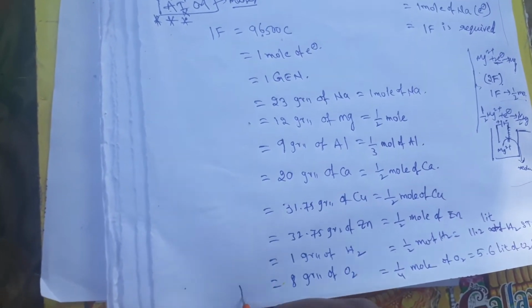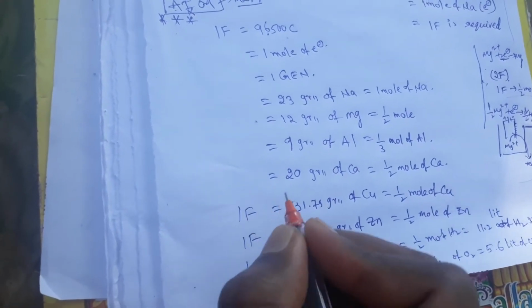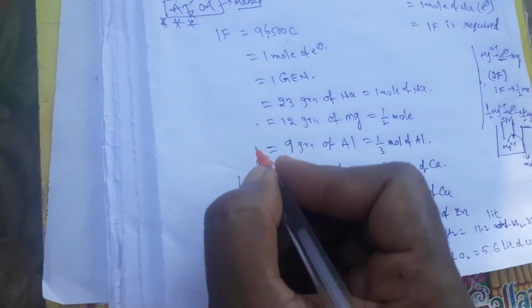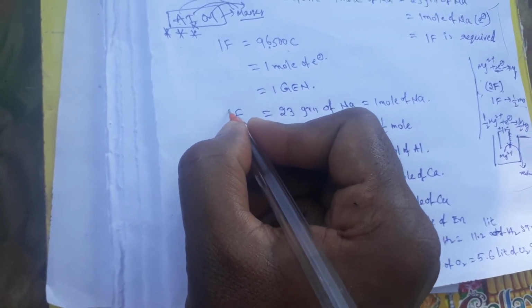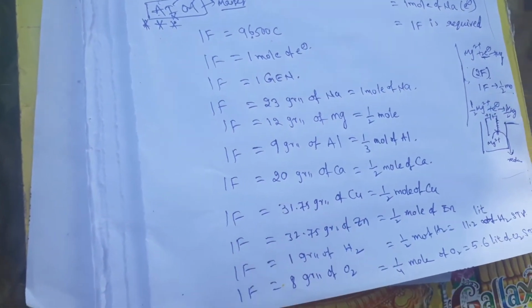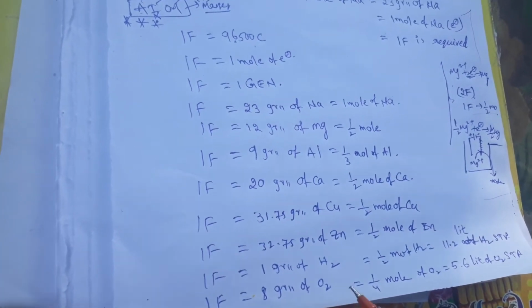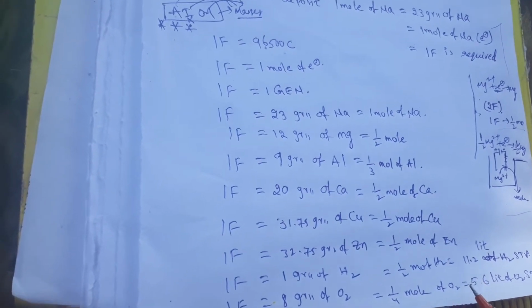When we pass 1 Faraday of charge through that solution, this much amount of molecules or atoms are deposited on the cathode or anode.